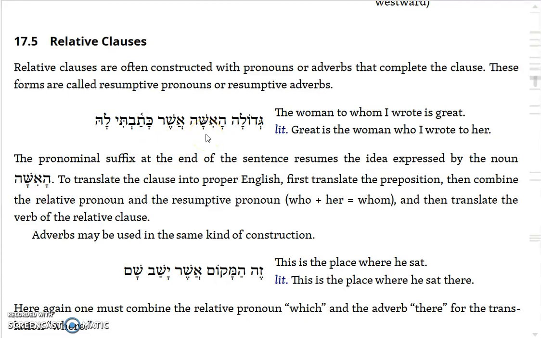The woman to whom I wrote, and then is implied great is the predicate adjective in this sentence. But literally, it's great is the woman who I wrote to her. And that sounds very clumsy in English, and therefore you would want to smooth it out when you translate it. But that's the construction that's used.